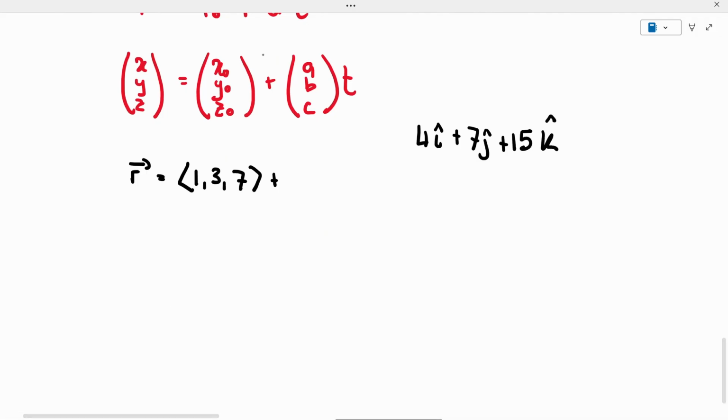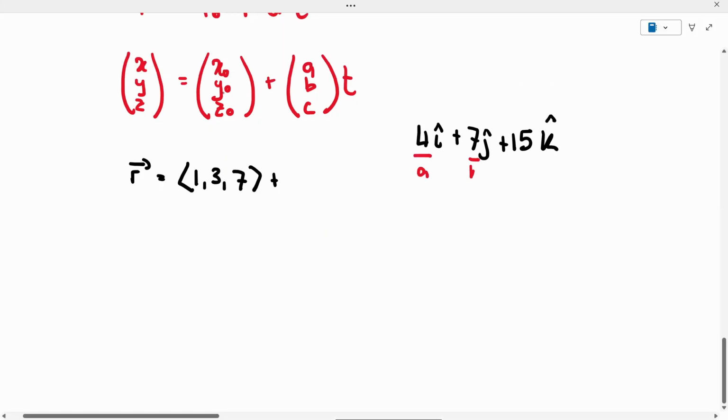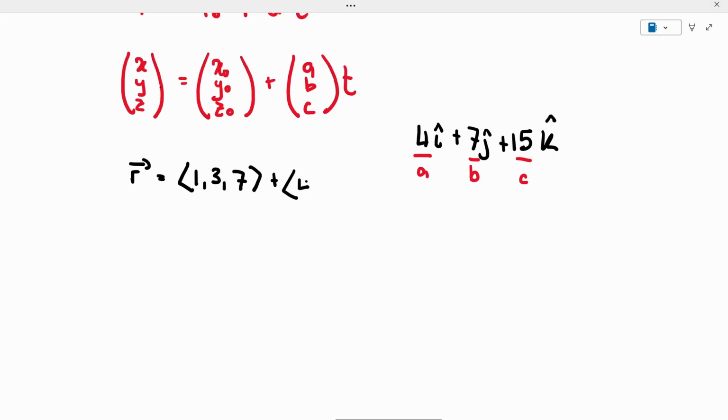Remember from that first class, we were saying that the constants, the coefficients, are kind of like our x, y, and z coordinates, right? And the i, j, and k are just our unit vectors to show the general position, right? So the vector itself is actually just 4, 7, 15. Right? You all got that? Cool.